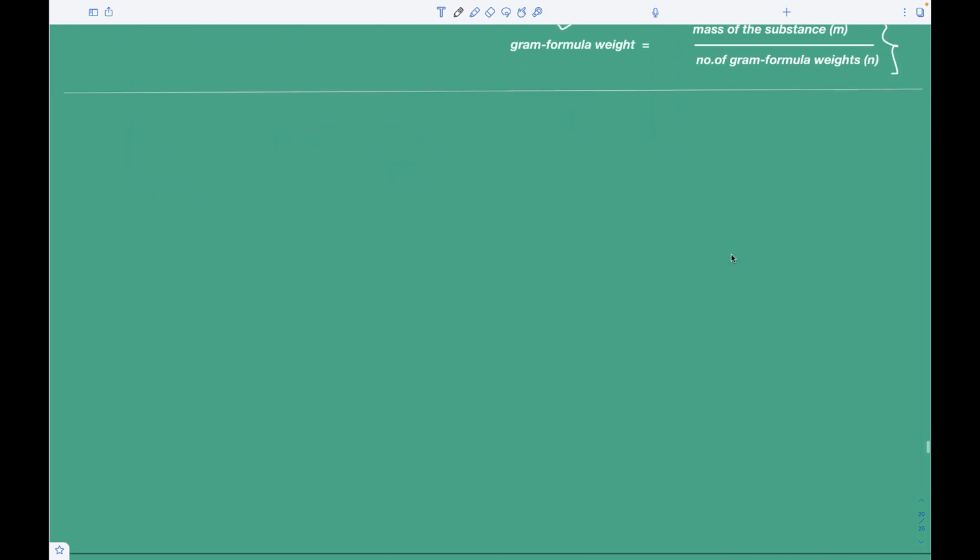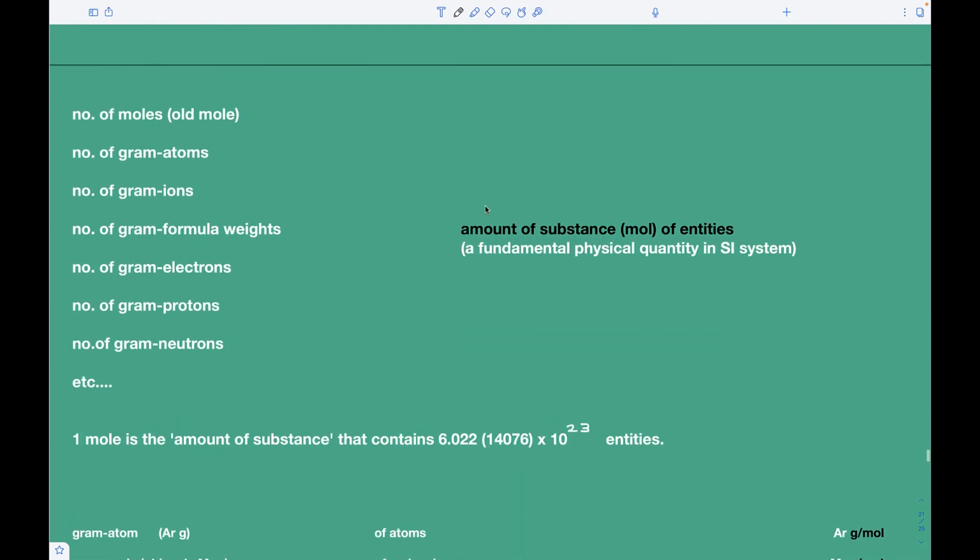Now in 1971, a new fundamental physical quantity called amount of substance was added to the SI system with the unit mole. And the symbol for this physical quantity is small n, and the symbol for its unit is MOL without the E at the end.